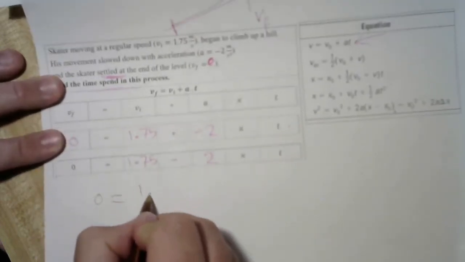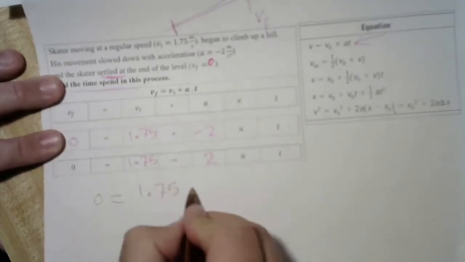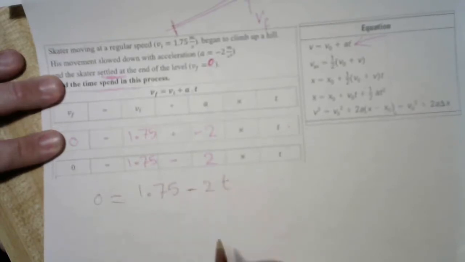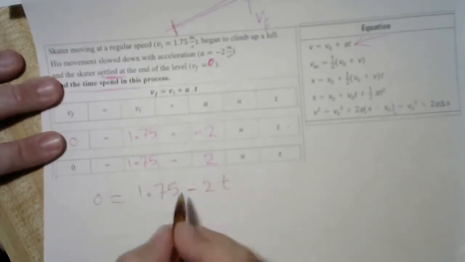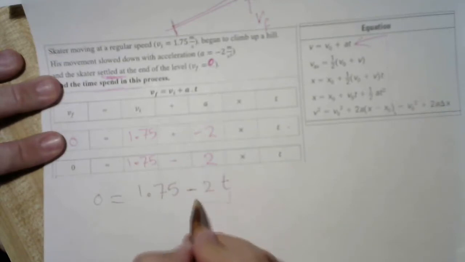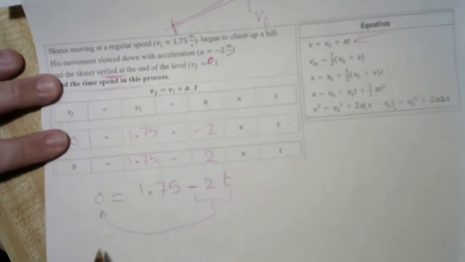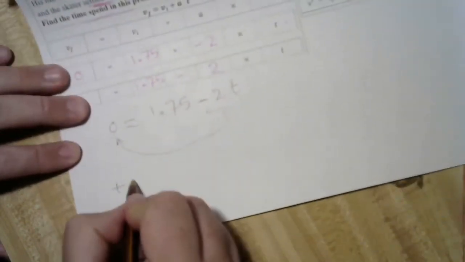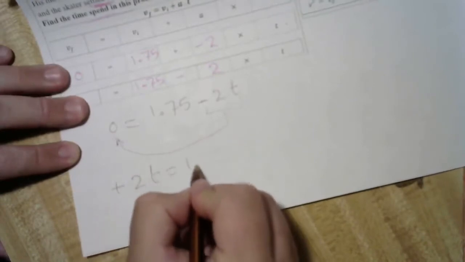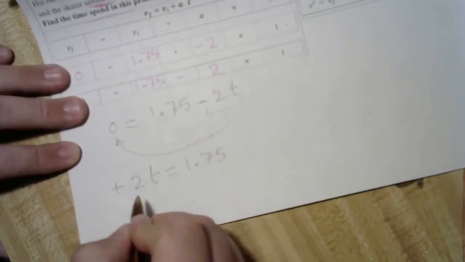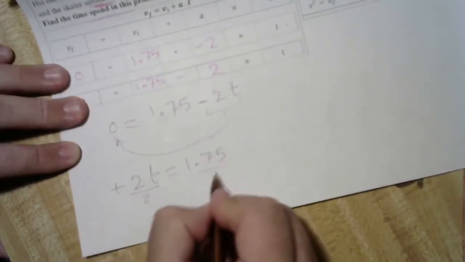Okay, how can I find T now? Now I have this equation, 0 equals 1.75 minus 2T. I can move this minus 2T to the other side. It will be plus 2T is equal to 1.75. I can divide over 2 over 2.